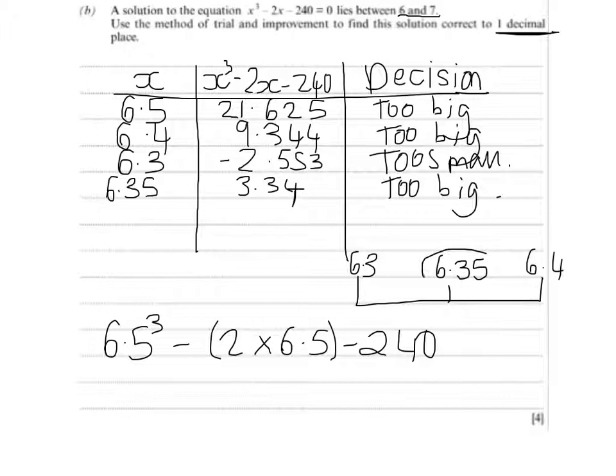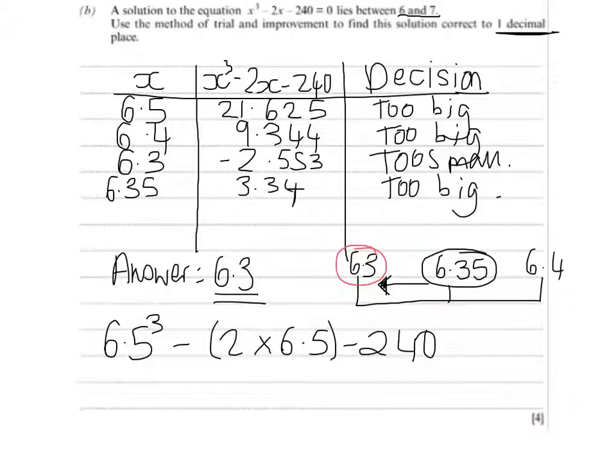That means that this gives an answer that's too big, which means our real solution must be smaller than 6.35, which means it can't be 6.4, and we round down to 6.3, which means our final answer, make sure you give a really clear final answer, is 6.3, correct to one decimal place.